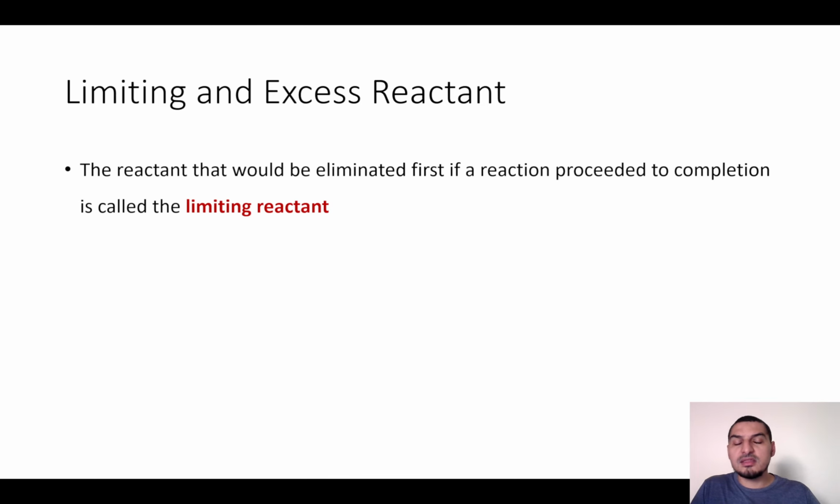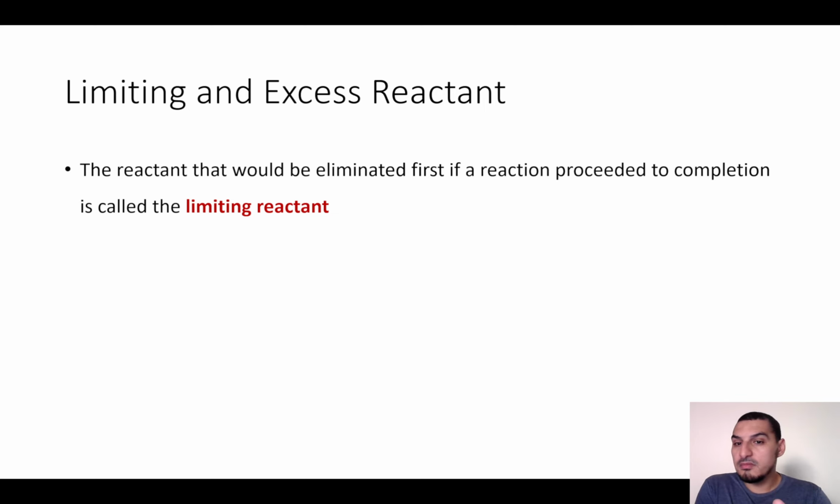So I think it's clear now what we mean by a limiting and the excess reactant. The limiting reactant is the reactant that would be eliminated first if the reaction proceeds to completion, which is the sulfur dioxide in the previous case. We call it the limiting reactant because it is the reactant that limits the extent of reaction, or how far the reaction goes.